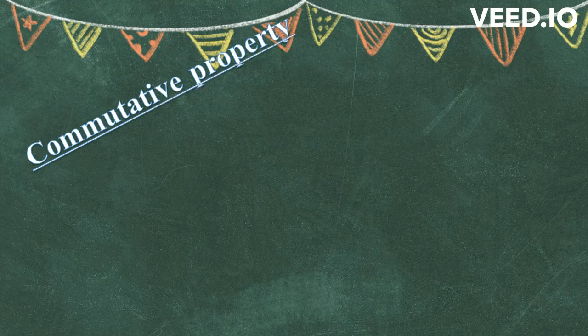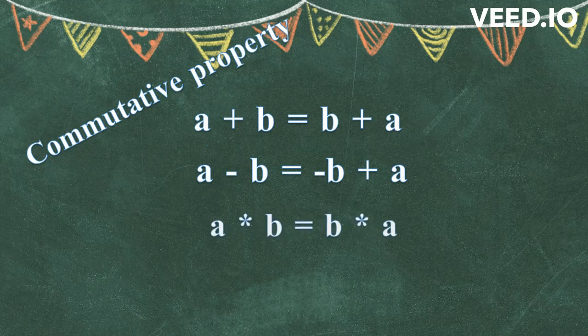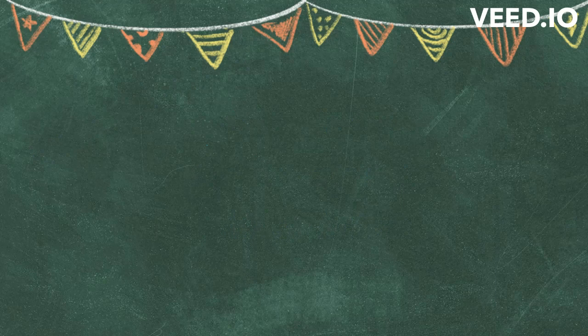That's what commutative property says. a plus b equals b plus a. Same way, a minus b equals, the minus b can be swapped to this side, minus b plus a. a times b is b times a.